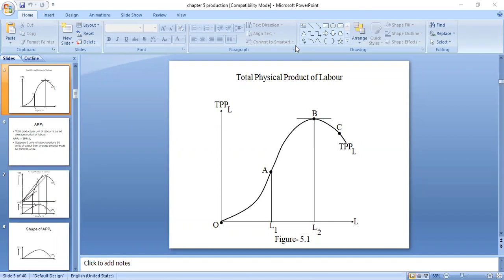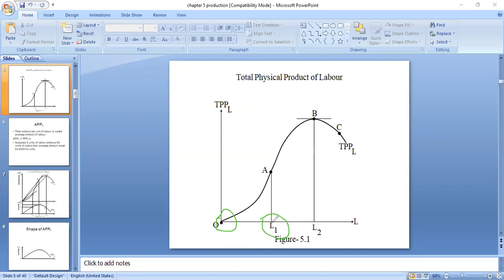Output starts from 0. I'm highlighting it. Your output starts from 0. So at the origin, no total product and no labor employed. Then you employ labor L1, and you see your curve is convex. Convex means a little bit outward. So up to point A.